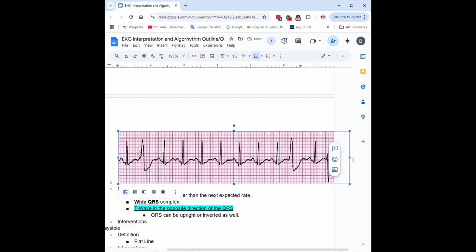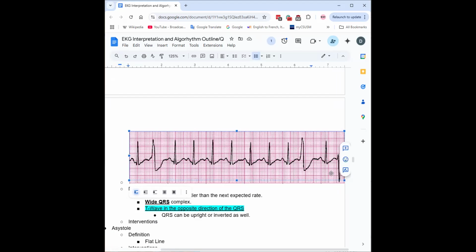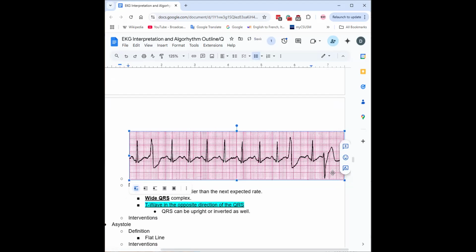Yeah, this one shows P wave, QRS, T wave, PVC going upright, and then the T is going upside down, the opposite way. So that's an interesting quirk that can help you differentiate. And there is more information if you want it.